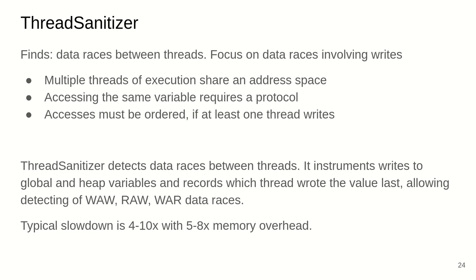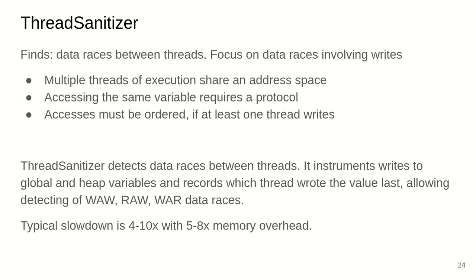ThreadSanitizer is another one that finds data races between threads by keeping track of which thread is writing what data and then looking at the sequence of reads and writes. Multiple threads of execution share an address space. Accessing the same variable requires a protocol, or at least locking.